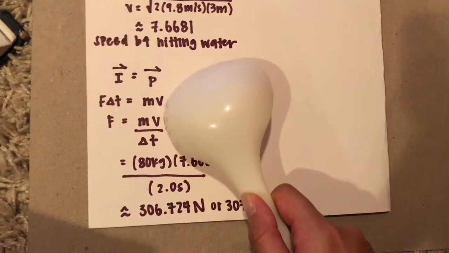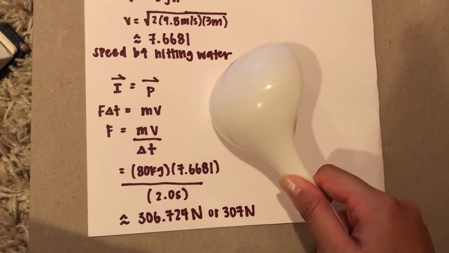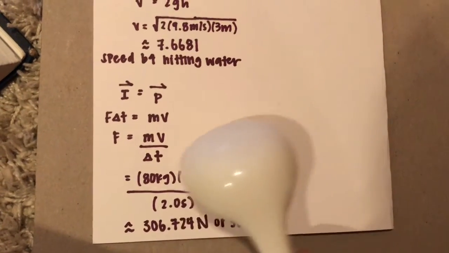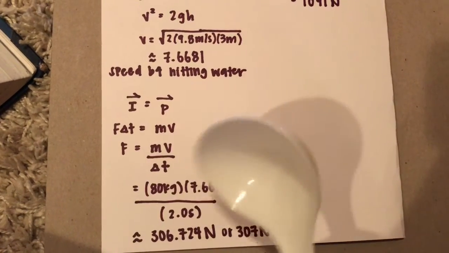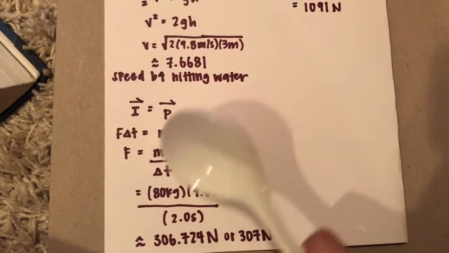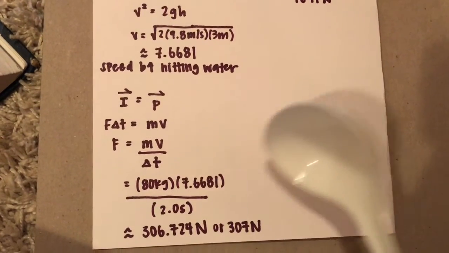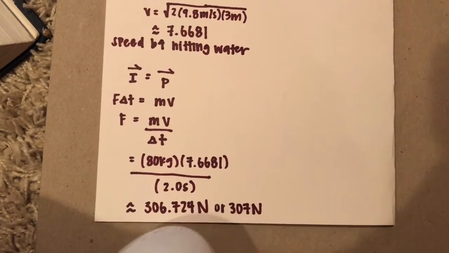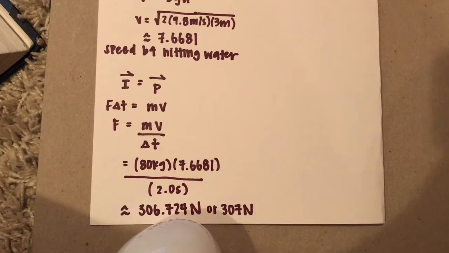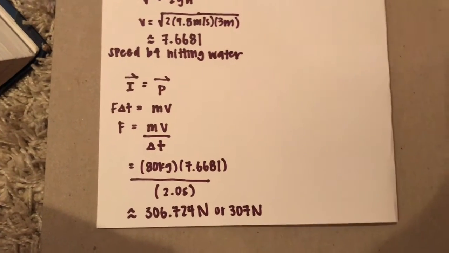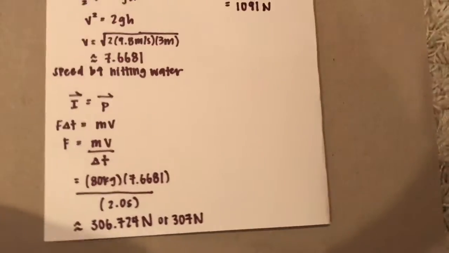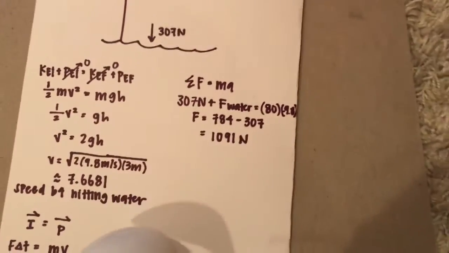Here we want to find the force of the man on the water, so we isolate force to get this equation. Then we plug in our known values, and we get 306.724 newtons, which can be rounded to 307 newtons.